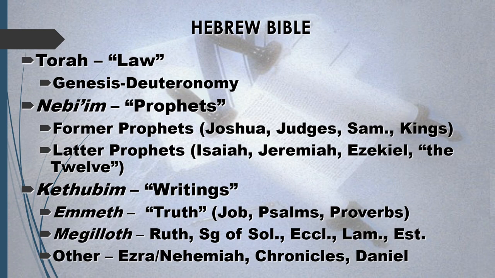But it is important that we note that while we have the same writings here, the way the writings are viewed and the way they are put together in the larger corpus of the Old Testament or the Hebrew Bible will be different depending on whether you're using an English or an actual Hebrew arranged collection. So I think that's important for us to keep in mind as we go.